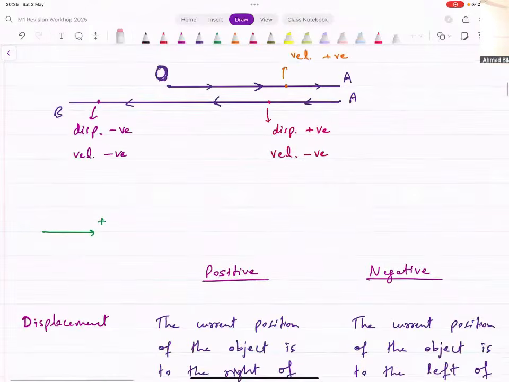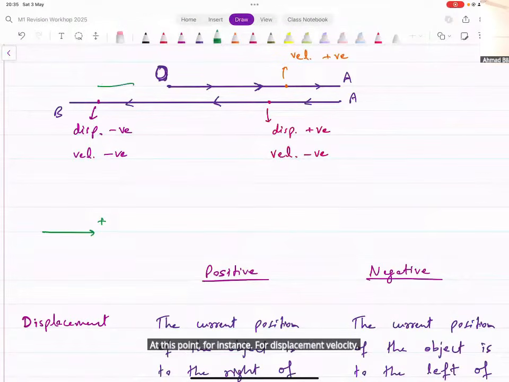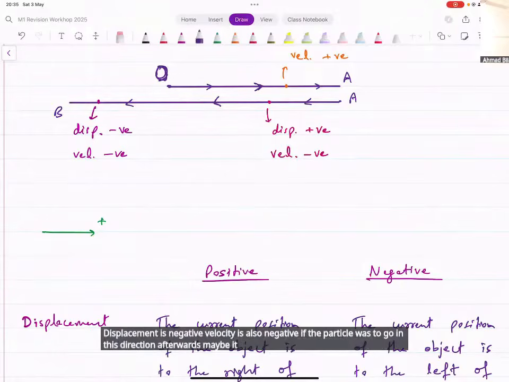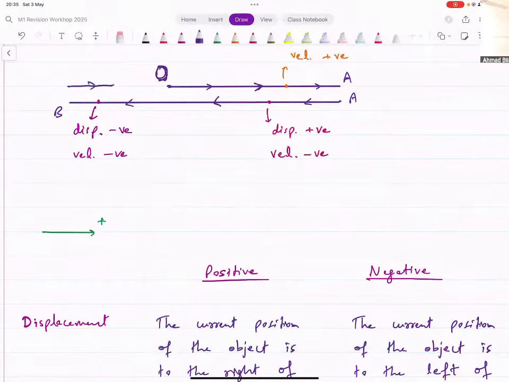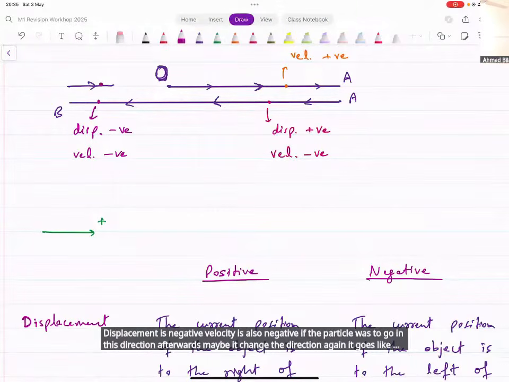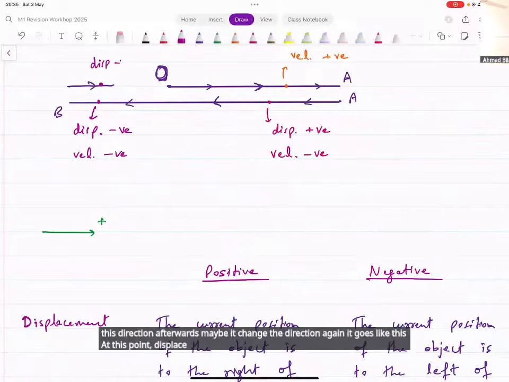At this point, for instance, displacement is negative, velocity is also negative. If the particle was to go in this direction afterwards, maybe it changes direction again, at this point displacement would be negative, but velocity would be positive because the particle is moving towards the right side now.